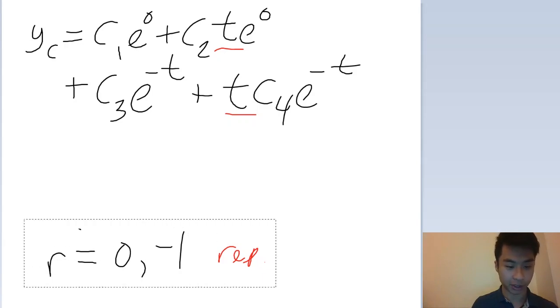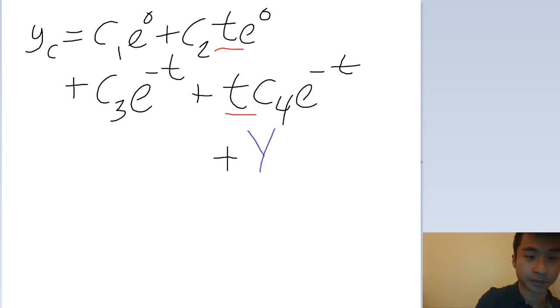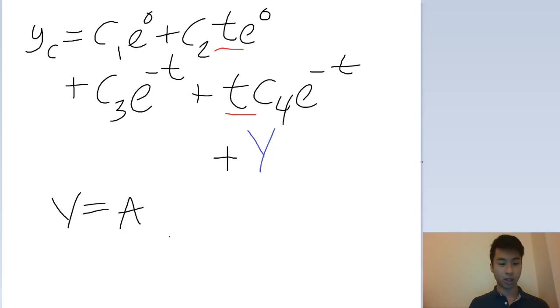So we're going to have yc equals c1 e to the 0 plus c2 t e to the 0 plus c3 e to the -t plus t c4 e to the -t.